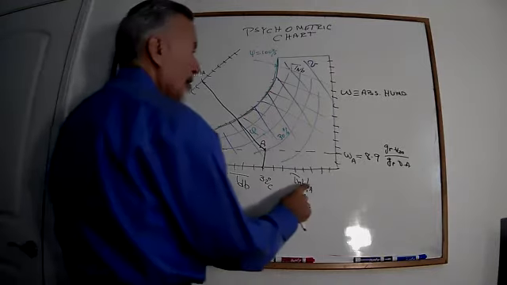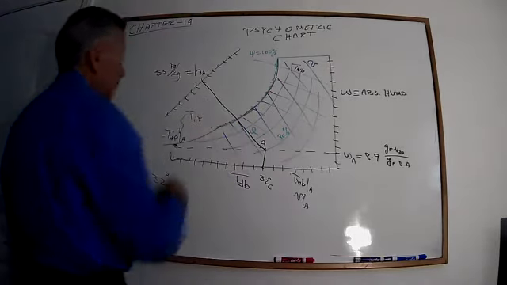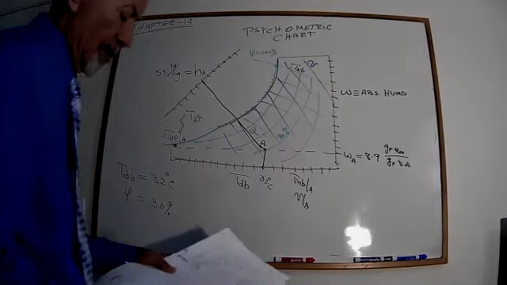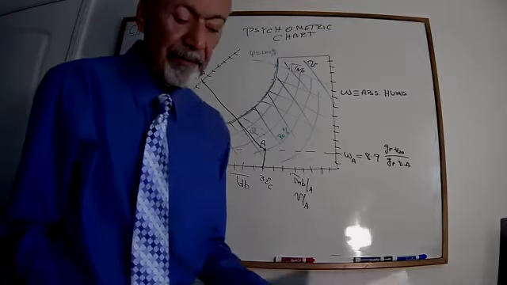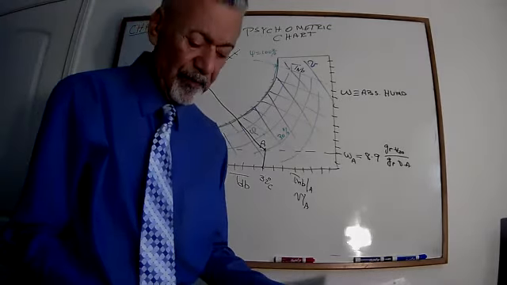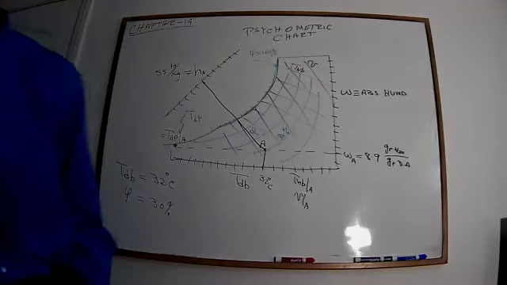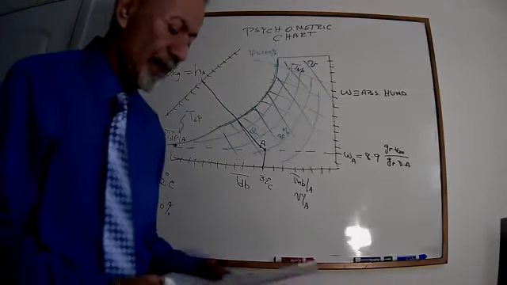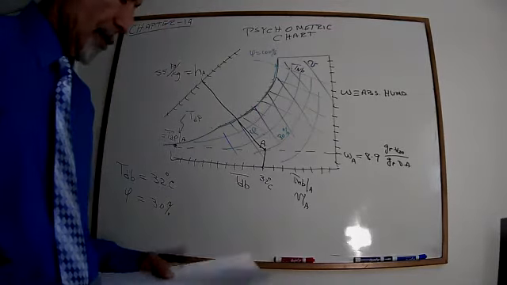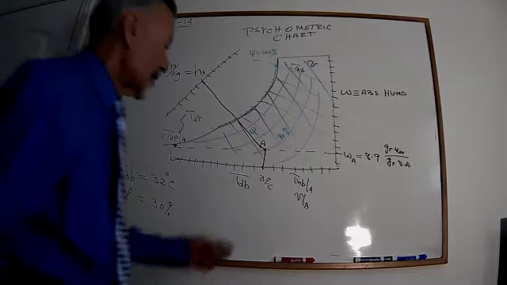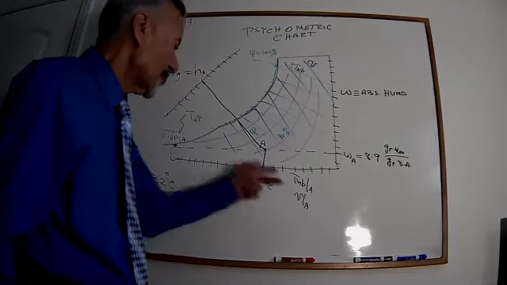You go around the chart, you find various values. If given two values, we can find the other 5 parameters. Now, keep in mind, the 2 values that you have have to cross each other.